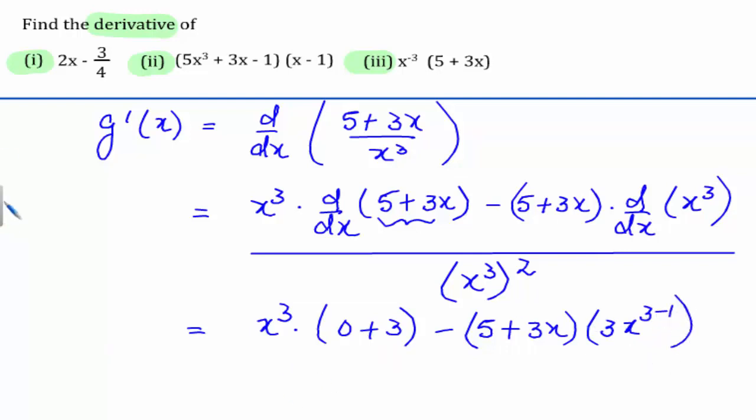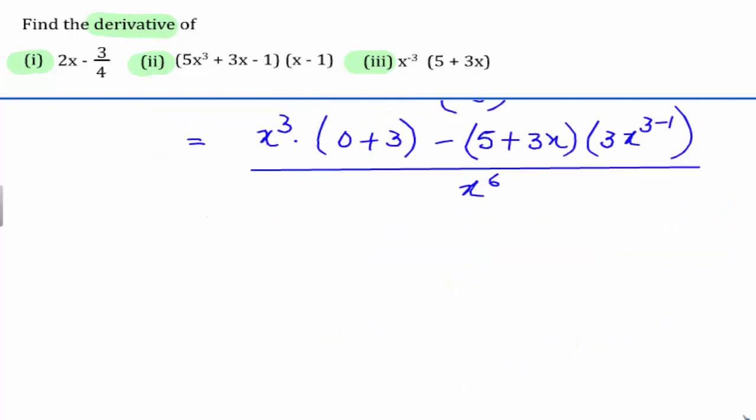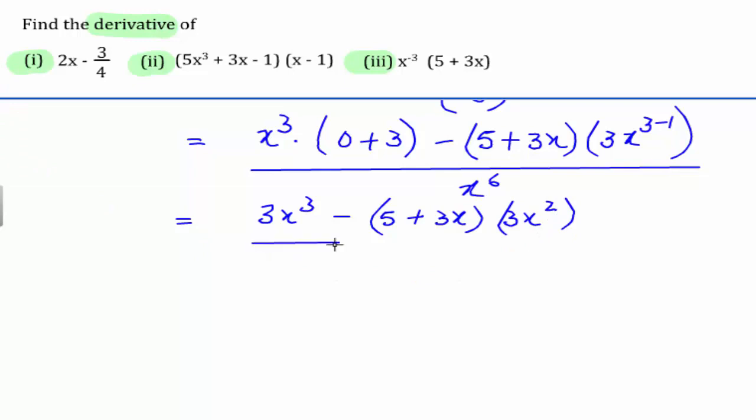Now this is further equal to 3 times of x^3 minus (5 + 3x) into 3x^2, whole divided by x^6. This is further equal to 3x^3 minus 3 5s are 15x^2.